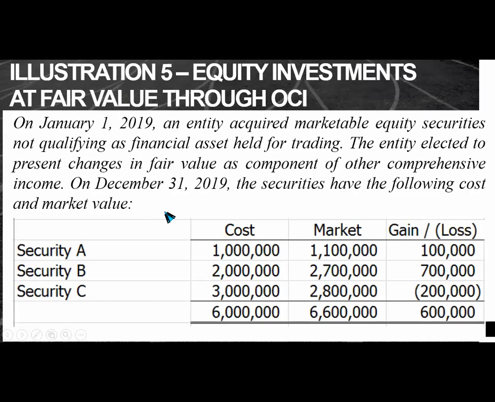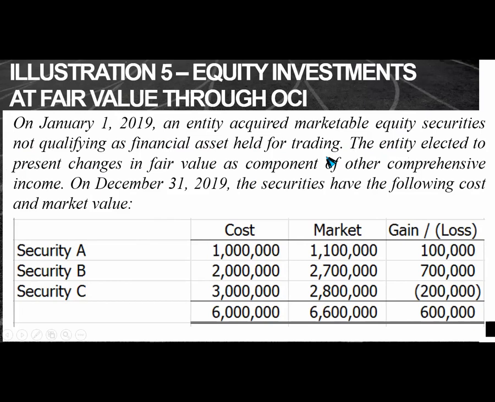Okay, so I hope you are learning something. Let's go now to our last illustration, still related to equity investments at fair value through OCI. On January 1, 2019, an entity acquired marketable equity securities not qualifying as financial asset held for trading, so it is not held for trading.